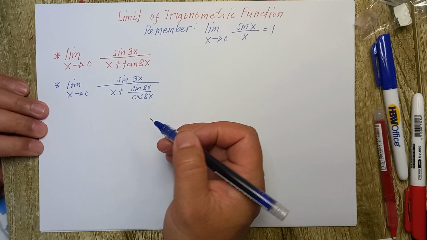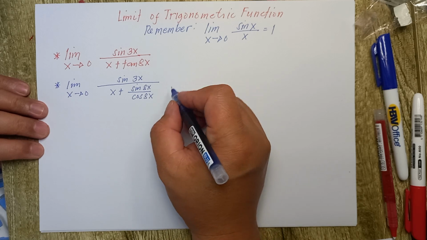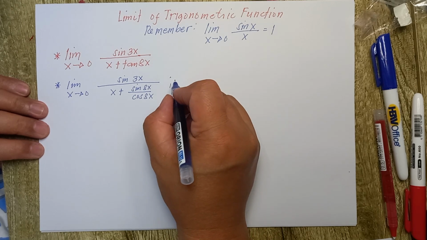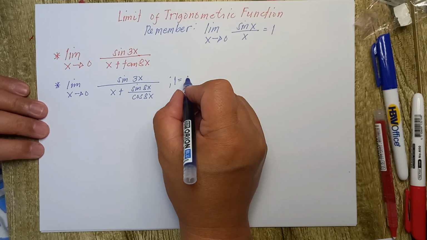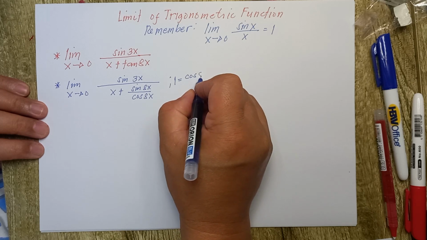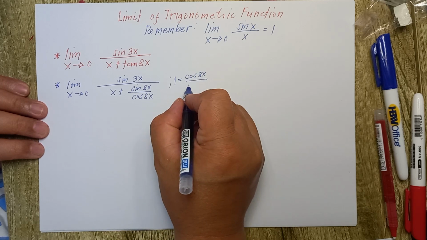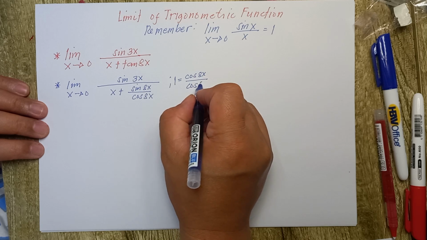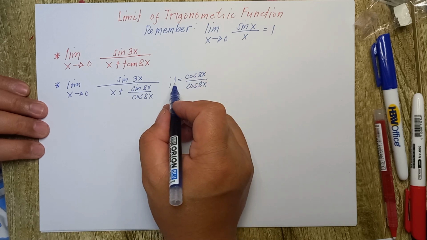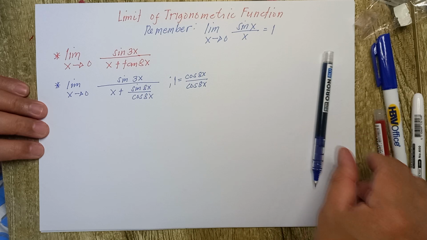So what is our multiplier? We can have 1 as our multiplier, defined by cosine 8x over cosine 8x. See, that is the essence of magic 1.